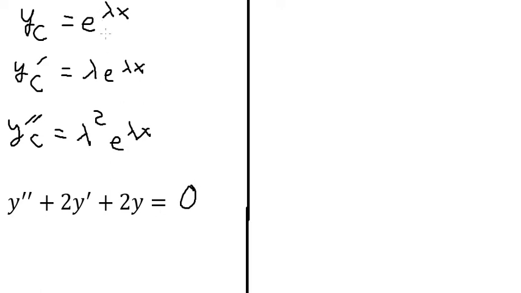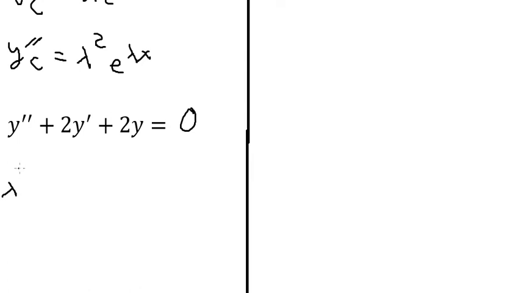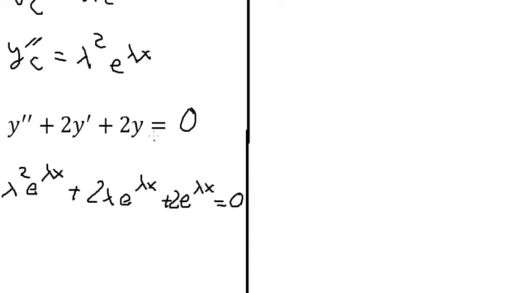Now I will put this one in here, this one in here, and this one in here. So we have lambda squared e to the power of lambda s plus 2 lambda e to the power of lambda s plus 2e to the power of lambda s equals 0.